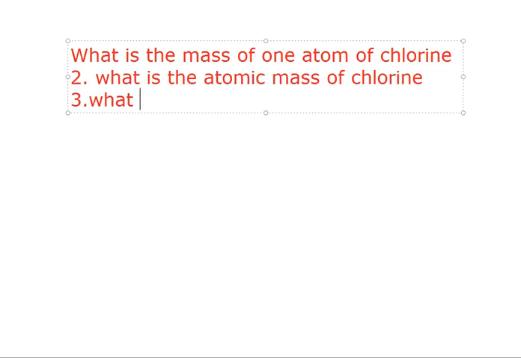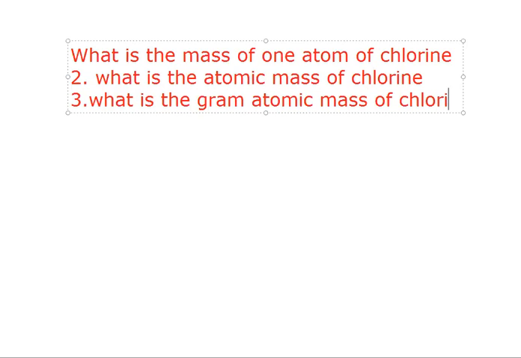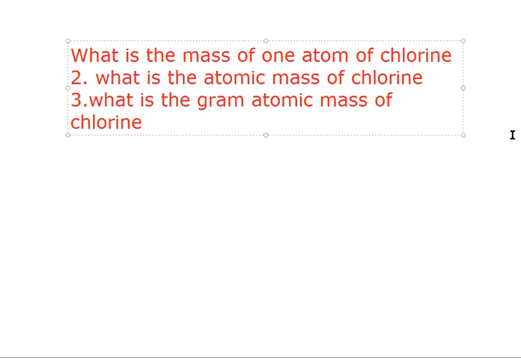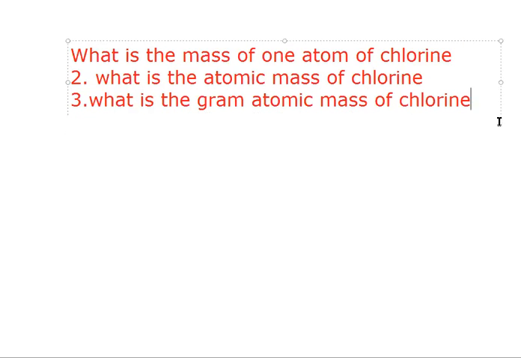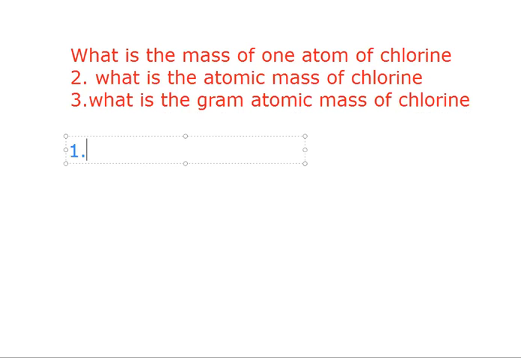And the third question is, what is the gram atomic mass of chlorine? See, here you can see all the three different terms that we have utilized in our previous slides.